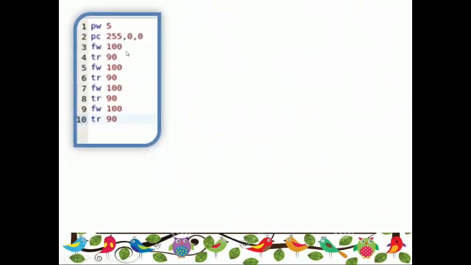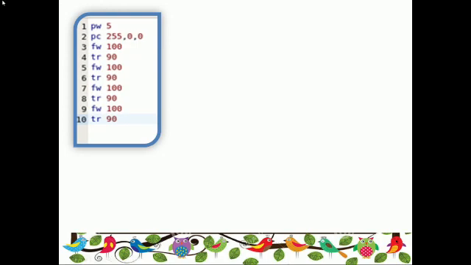Here are a few commands, beta, that we have learned in this lesson. PW, PC, FW, TR, again FW, TR. You have to use all these commands and draw a figure and just send it to me through WhatsApp. So I'll check whether whatever you have studied, you understood it or not.